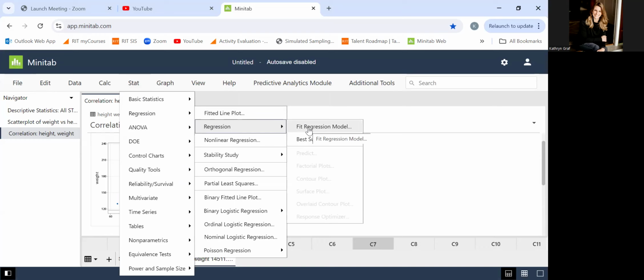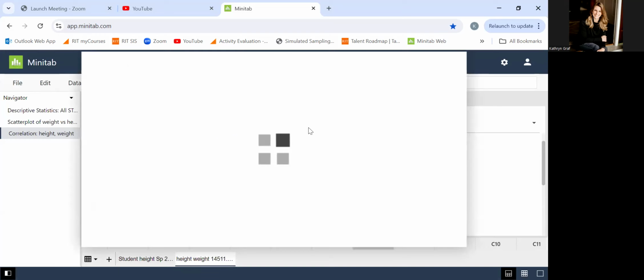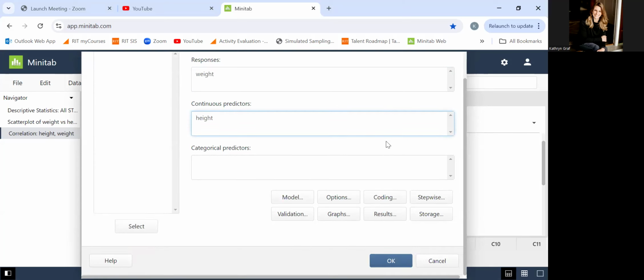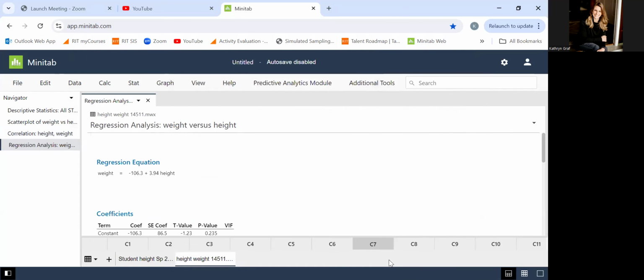Now, when I'm fitting my regression model, I need to tell Minitab which one is X and which one's Y. Remember, Y is the response, so that is the weight, which will go under here, the response. Then the second box, continuous predictor, will be height, and that is X. My categorical predictors we're not going to use, so we can just not think about that one. And what I'm going to do is go ahead and click OK here.